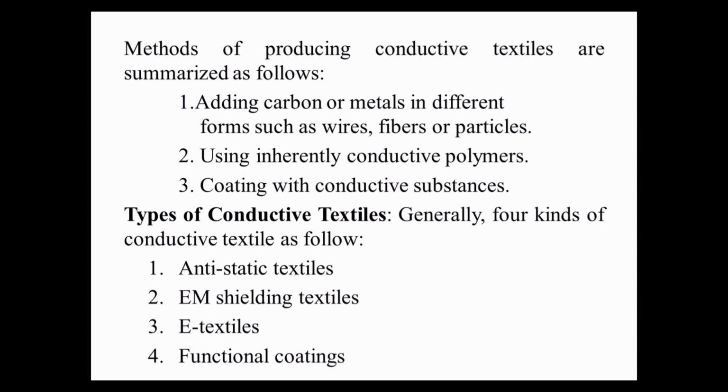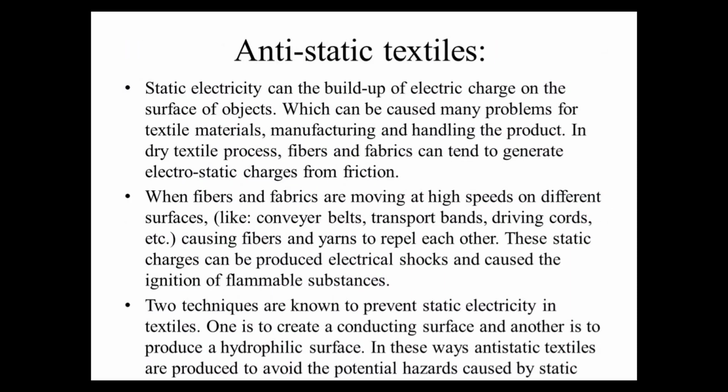Types of conductive textiles. Generally, there are four kinds of conductive textiles as follows: anti-static textiles, EM shielding textiles, E-textiles, and functional coatings. In that, we are going to discuss anti-static textiles.